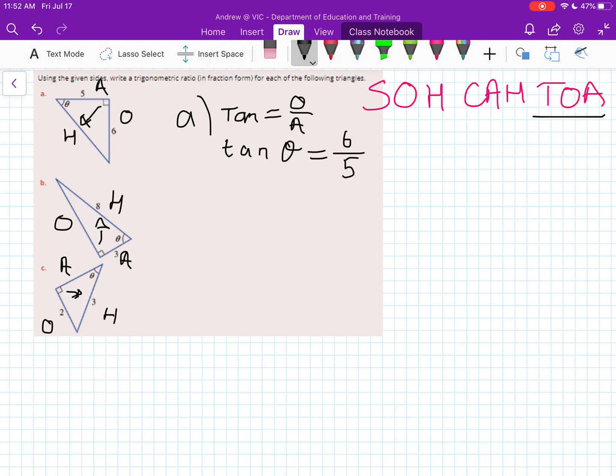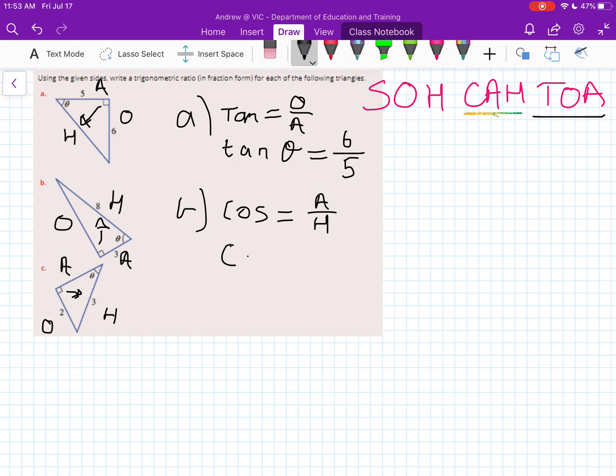For B, we've got our angle, and we've been given the adjacent and the hypotenuse. Looking in SOHCAHTOA, which one has A and H? The C stands for cosine, so we need to use cos. Cosine is equal to adjacent over hypotenuse.